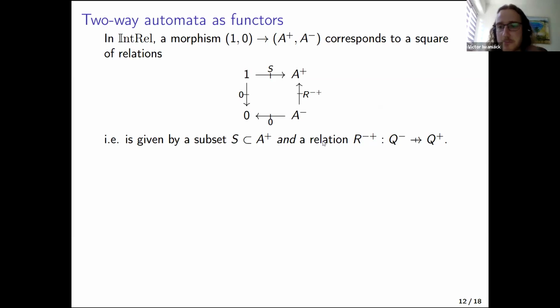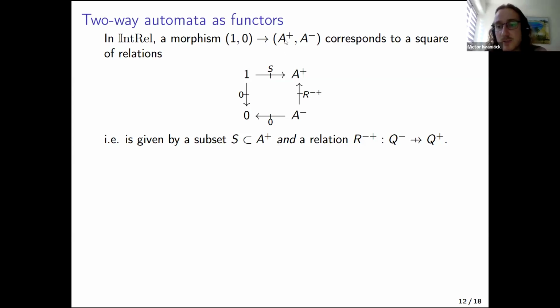And this is kind of nice because we have a zero object in the category of relations. So we can ask that this relation is empty, and some morphisms like that describe subsets of A plus.